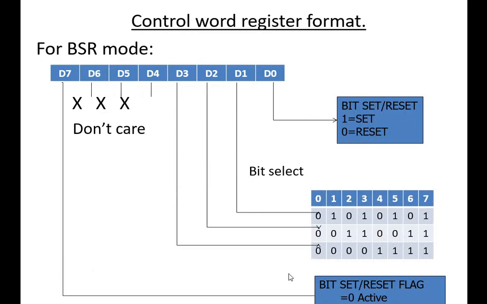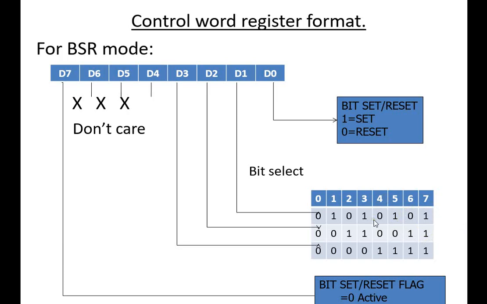Now the control word register format. In this format, D0 denotes bit set or reset. If it is 1 it is set, and if it is 0 it is reset. D3, D2 and D1 are used for bit selection.